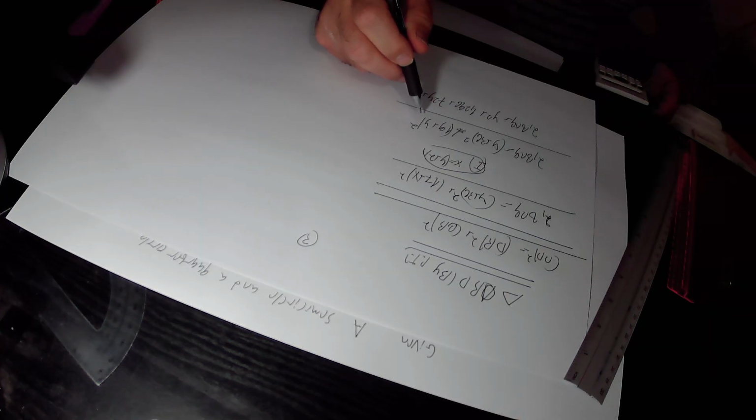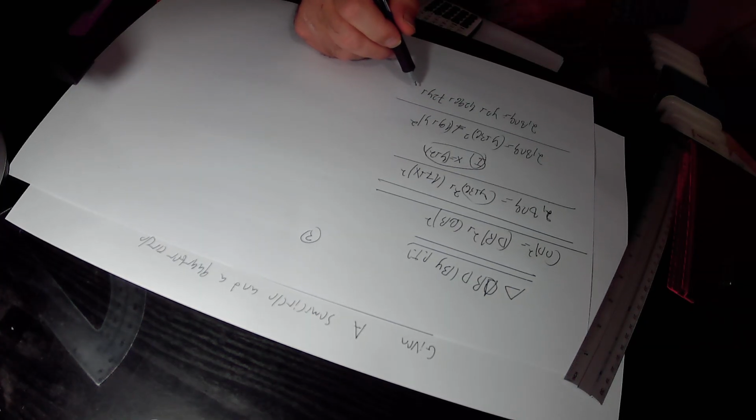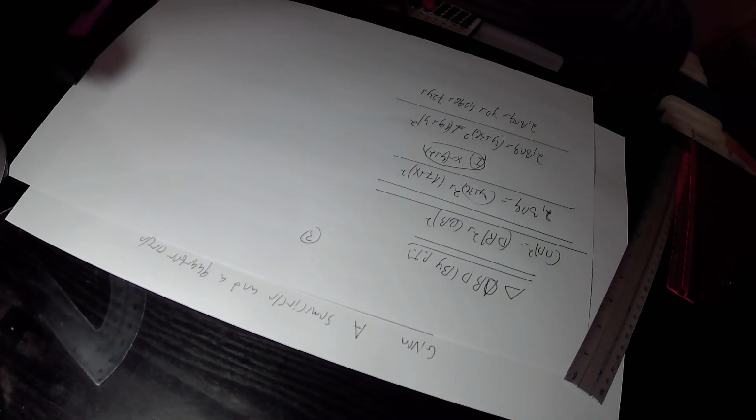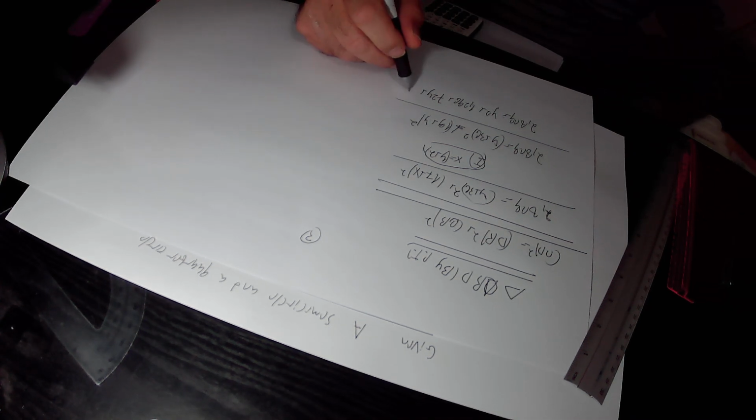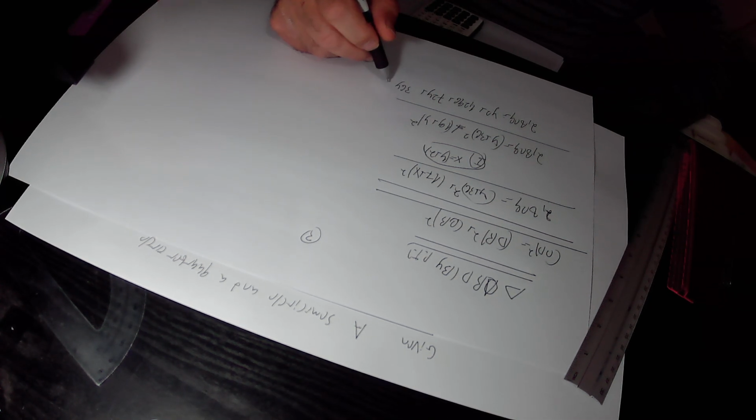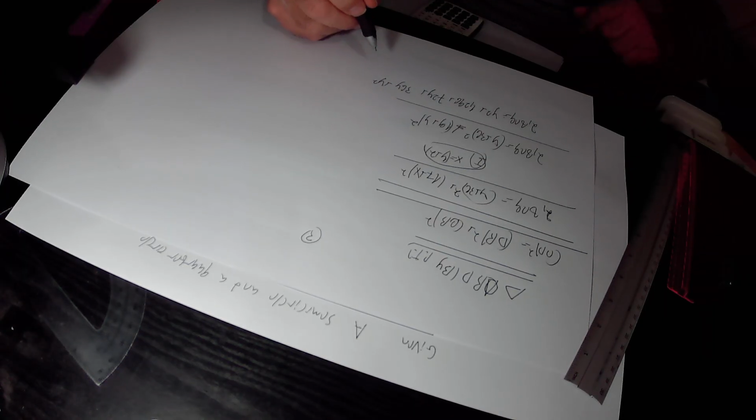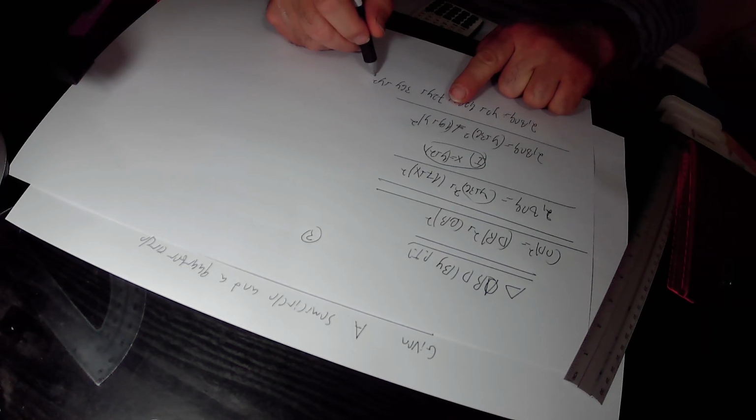Then we have (19 plus y) squared, which is 19 squared, actually equal to 361 plus y squared plus 2 times y times 19, which is 38y.